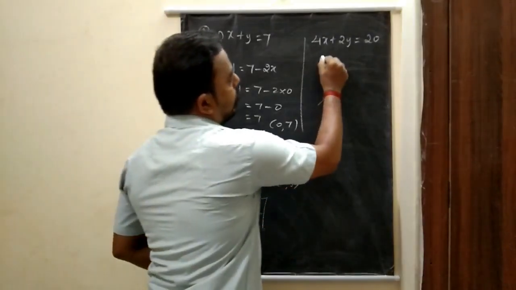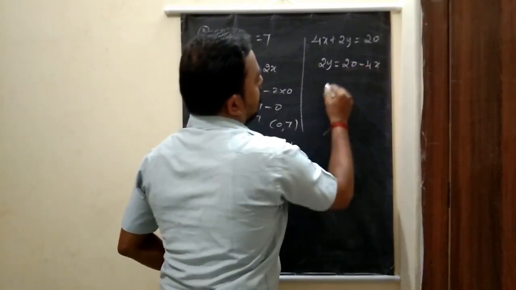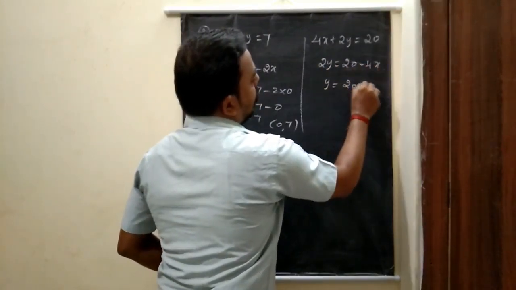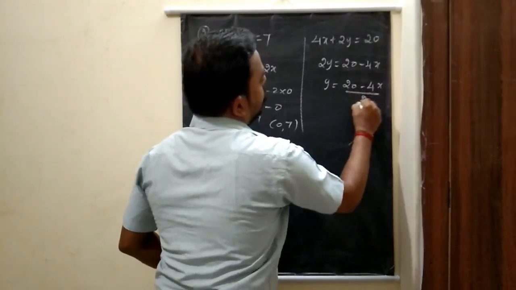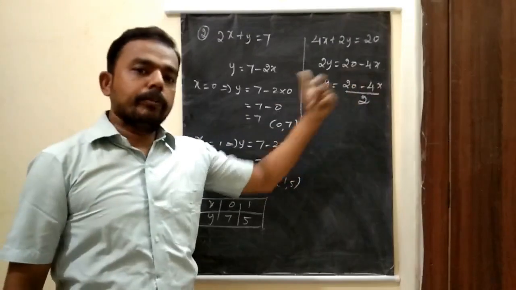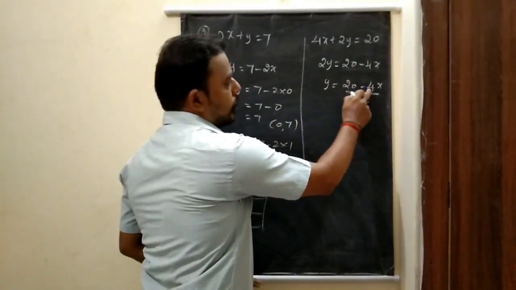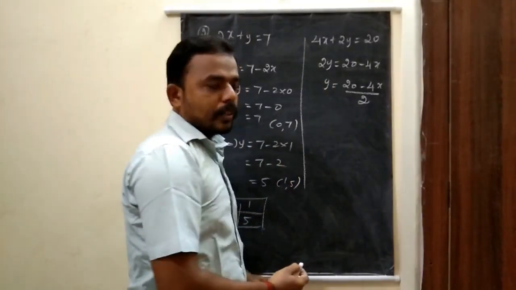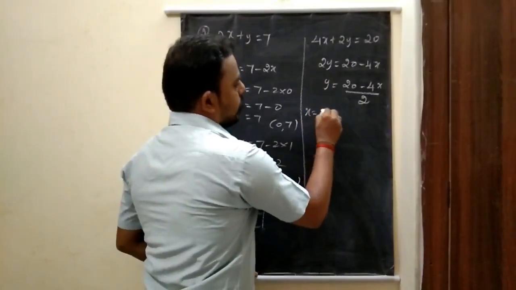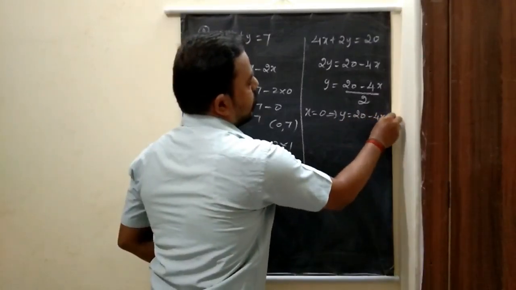But here you have 2y equal to 20 minus 4x. Then y equal to 20 minus 4x divided by 2. Easiest one, because all are multiples of 2, you can substitute any number, x equal to 0, 1, 2, and so on. No problem, you can substitute. If x is equal to 0, then y equal to 20 minus 4 into 0 divided by 2.